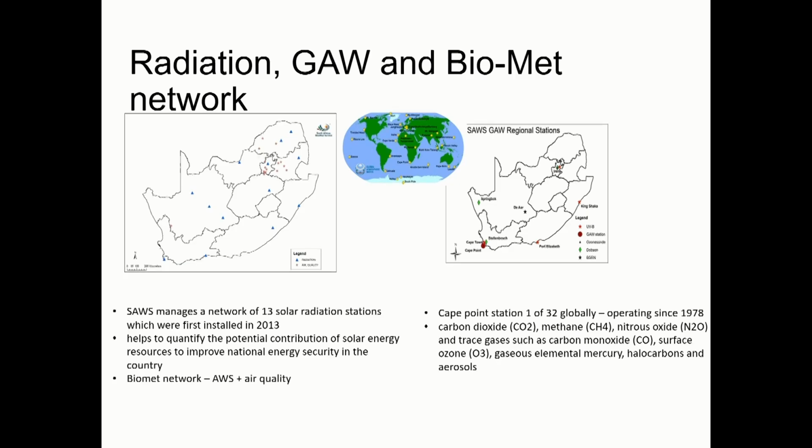In the Cape Point station, we have a station like that, and it is one of the two stations that are there worldwide. It has been operating since 1978. What is measured there is your carbon dioxide, your methane, your nitrous oxide, trace gases such as carbon monoxide, surface ozone, gaseous elemental mercury, halocarbons, and aerosols.